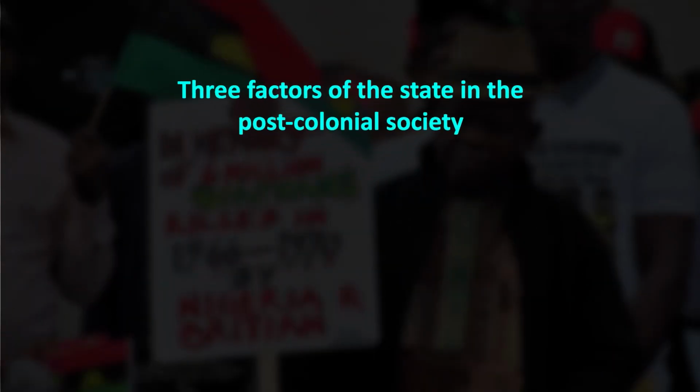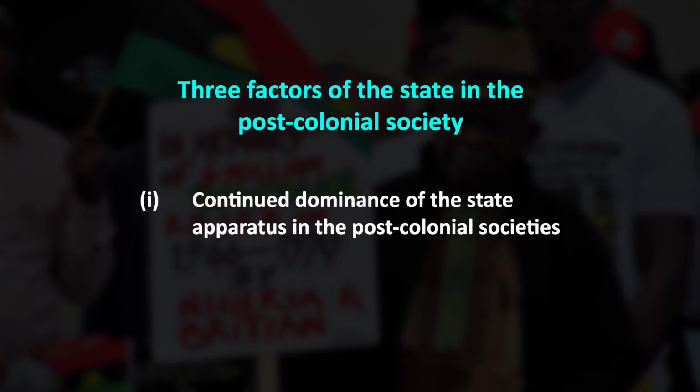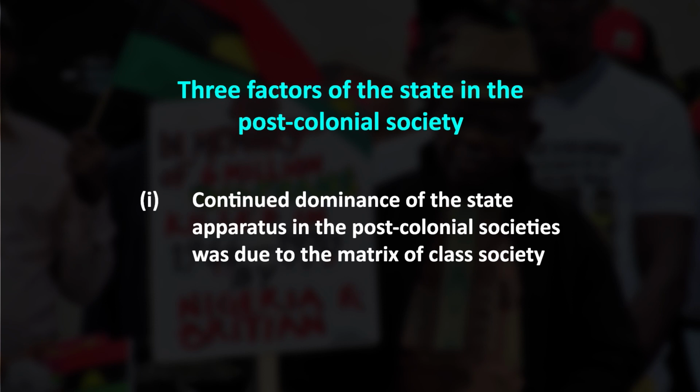The centrality of the state in the post-colonial society can be explained with the help of three factors. First, the continued dominance of the state apparatus in the post-colonial societies was due to the matrix of class society. At the time of independence, no single class had exclusive command over the state.